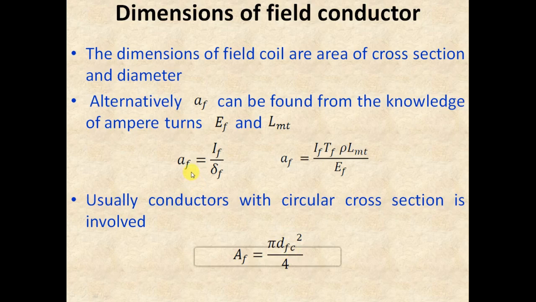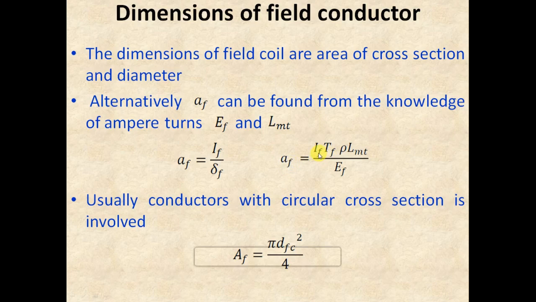Either the value of cross-sectional area can be determined by using the known values of field current and current density, or else if the values of EF and resistance are known, the relation for resistance you know, rho L by A. So by making suitable substitutions in the basic Ohm's law, that is V is equal to IR, in that R if you substitute rho L by A, you can easily get the relation for cross-sectional area of the conductor. Since we are determining here the cross-sectional area of the field conductor, we will be representing it as A suffix small f.